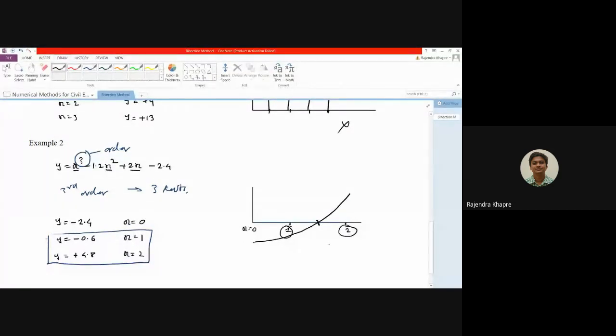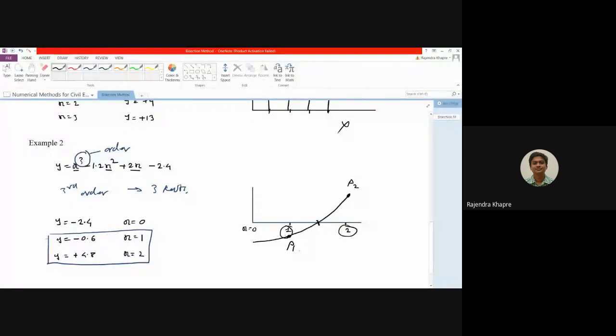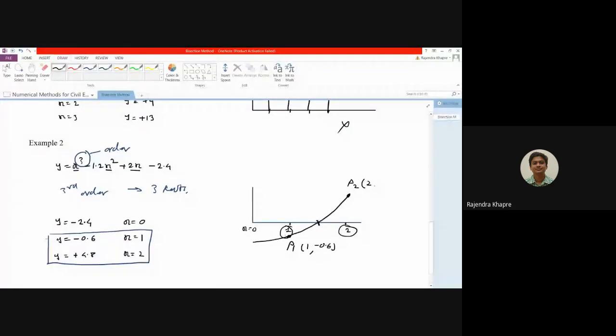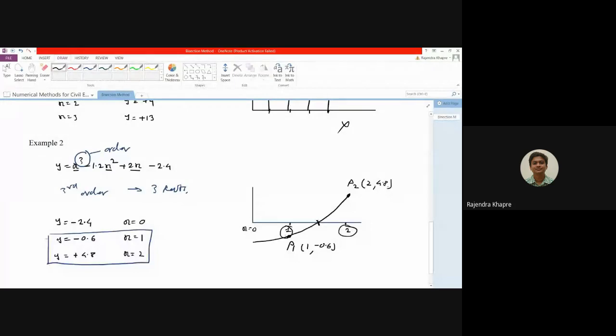This will be my p2 point and this will be my p1 point. The p1 point has x value 1, y value minus 0.6, and the p2 point has x value 2, whereas y value is 4.8. So now with this, we can go for the bisection.